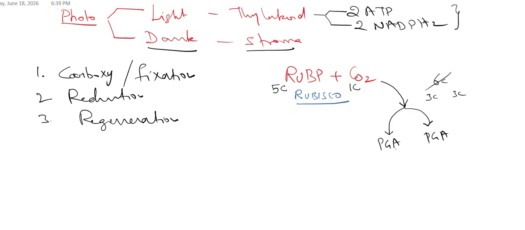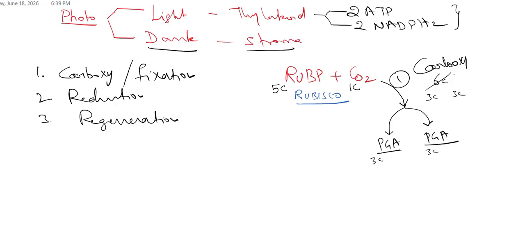So 5 plus 1 is 6, but each PGA is a 3 carbon. Since we are getting 2 PGA, the 6 carbon is equated. This is the very first step. We are calling it carboxylation or fixation.